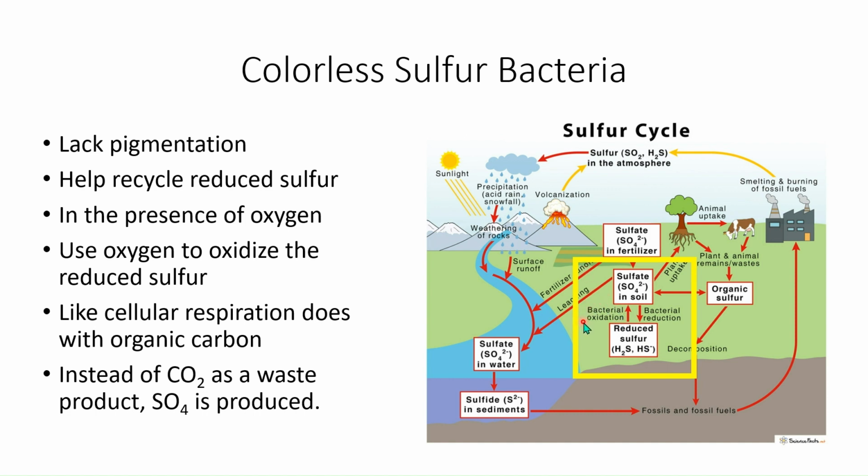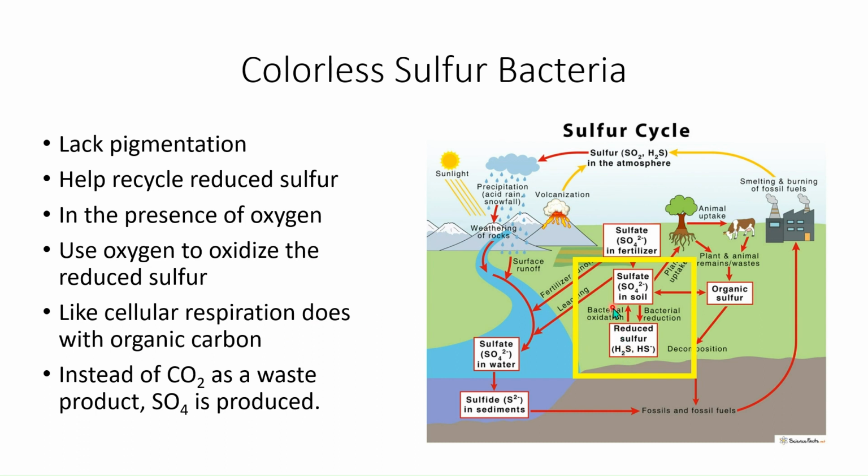They're going to recycle this reduced sulfur, and if it's reduced, they're going to oxidize it, like cellular respiration does with organic carbon. So this reduced sulfur is replacing organic carbon.